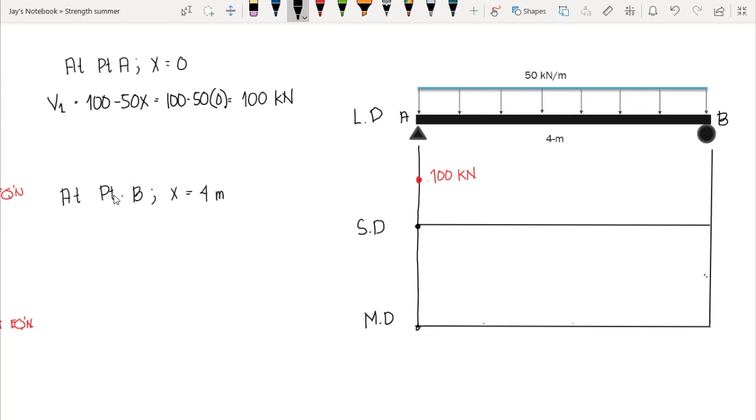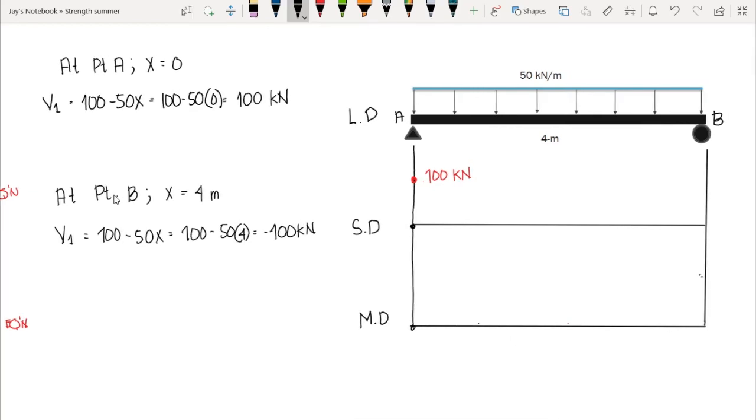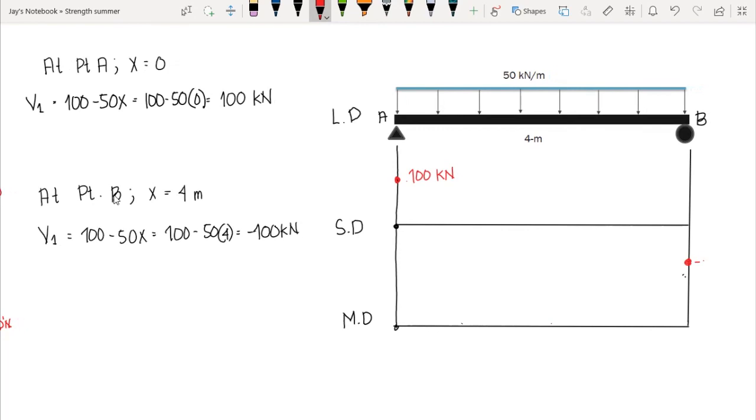So we have the shear equation, 100 minus 50x, so we have 100 minus 50 times 4, this gives us negative 100 kilonewton. This negative value indicates that it is located below the axis of the shear diagram. So we have here negative 100 kilonewton.